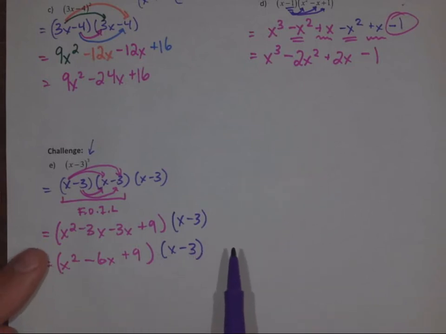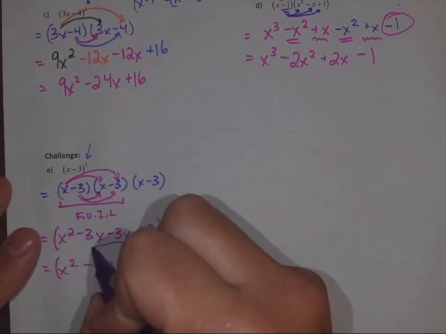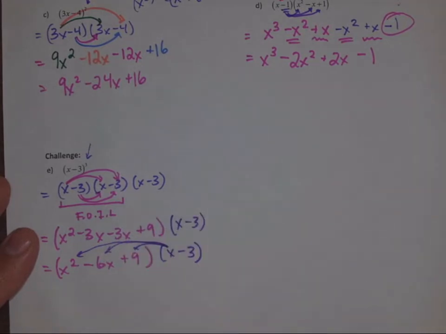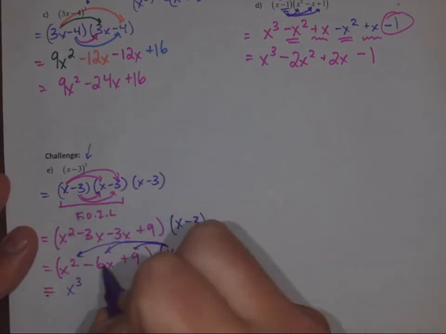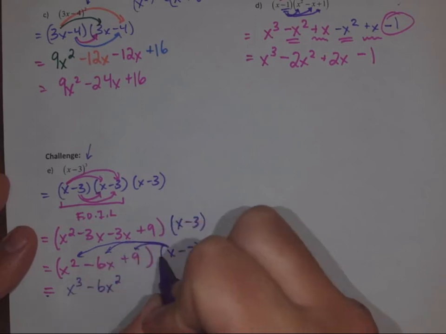Now this is the same if I rearranged it, but really I need x times x squared, x times negative 6, x times 9. X times x squared, x cubed, x times negative 6x, x times 9.